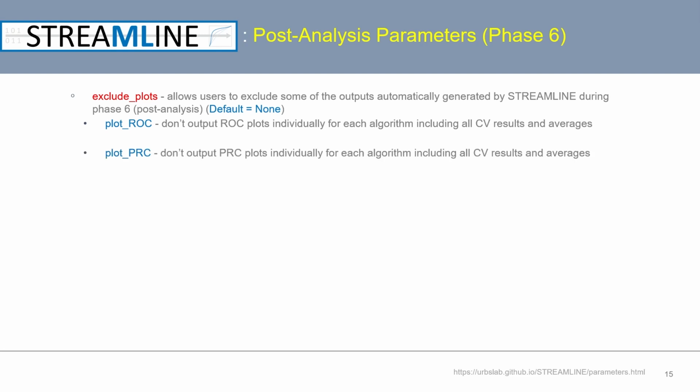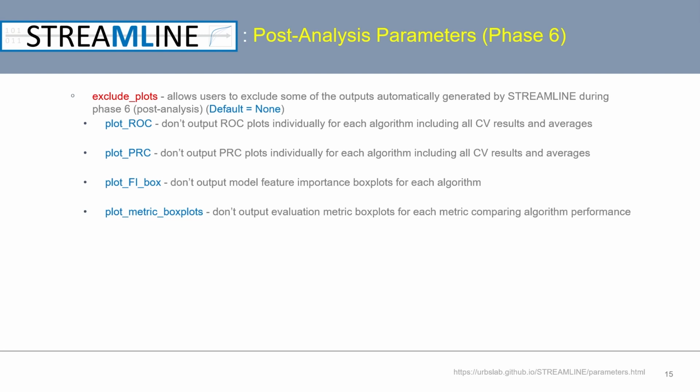Or they can specify plot PRC to avoid generating PRC plots individually in the same way. Or plot FI box to avoid outputting model feature importance box plots for each algorithm. Or plot metric box plots to avoid outputting evaluation metric box plots for each metric comparing algorithm performance.